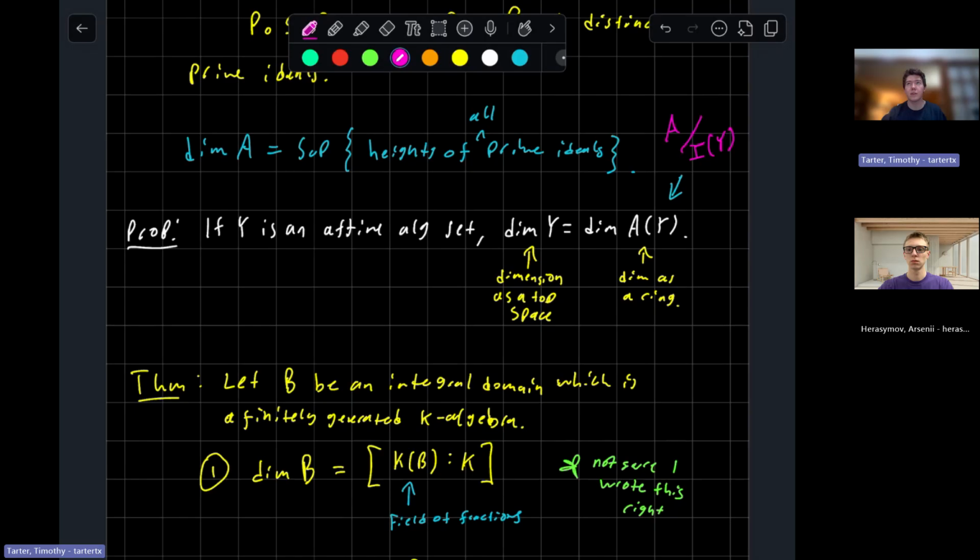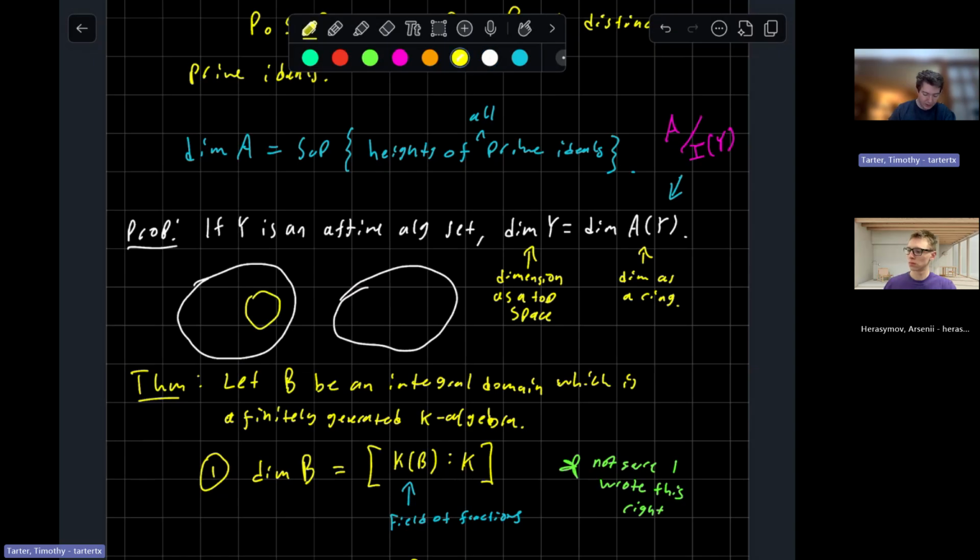Thinking of it this way, since algebraic sets are closed, geometrically, then the things that don't vanish on the variety or on the algebraic set correspond to the functions which are distinct from the coset in A of Y. I do want to draw this in because we're going to talk about this at length today.